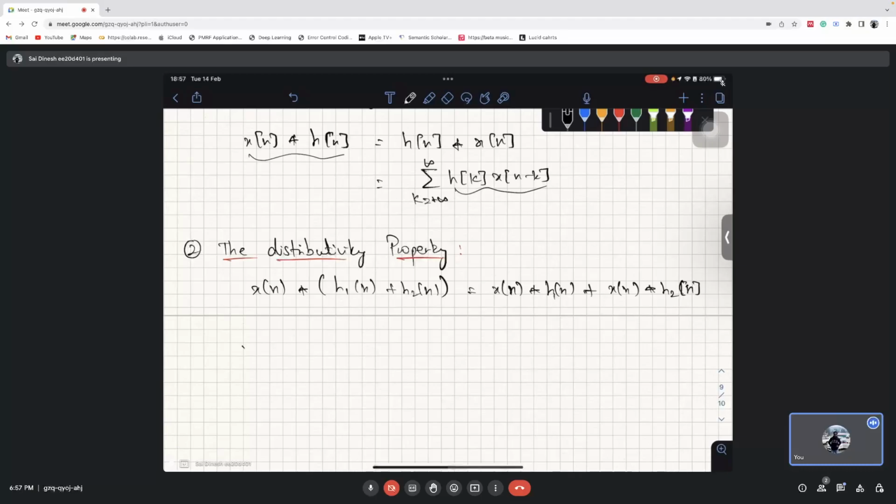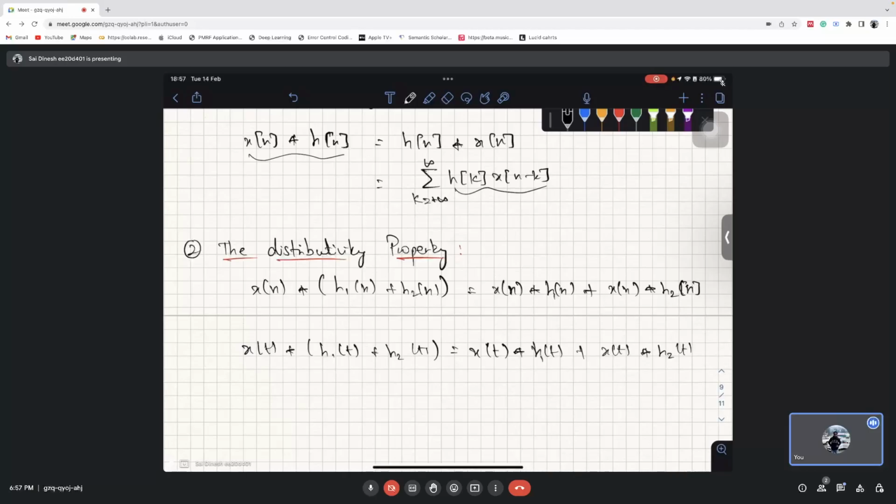The continuous time variant is exactly the same, just with the change of variable: x of t convolved with h1 of t plus x of t convolved with h2 of t.